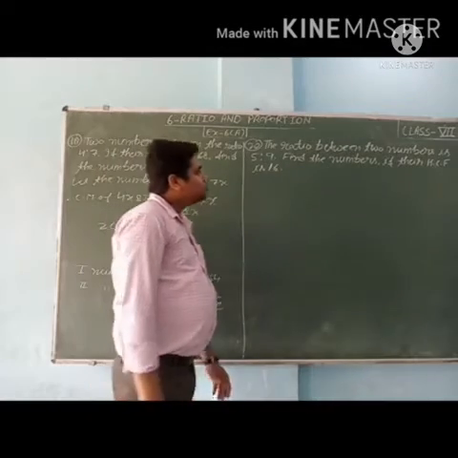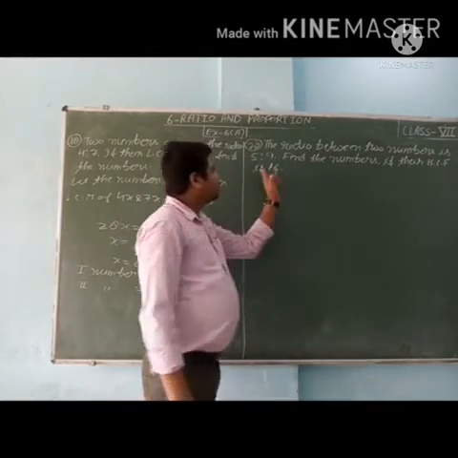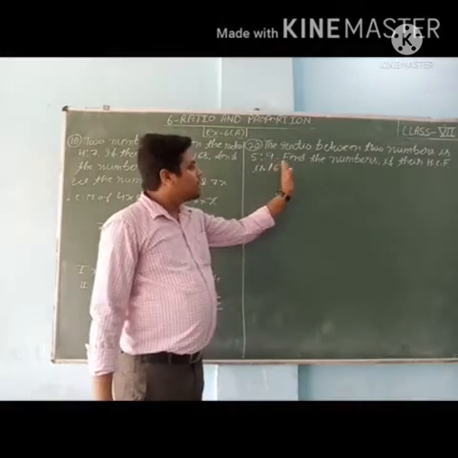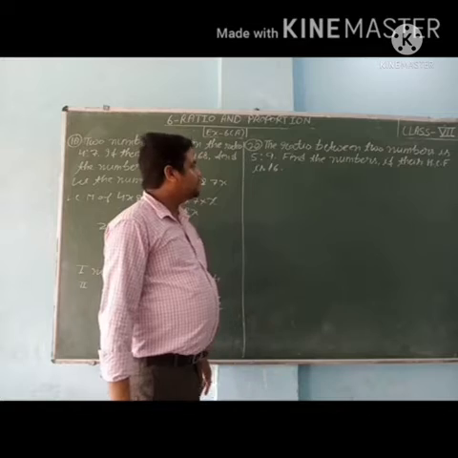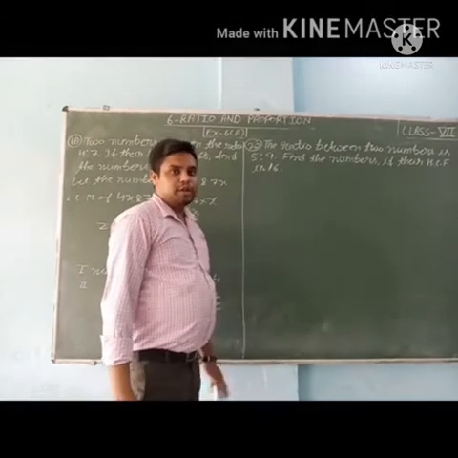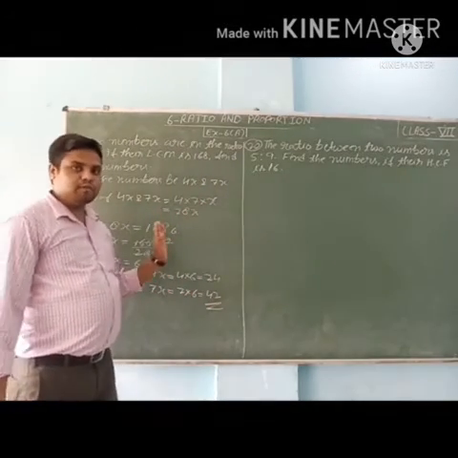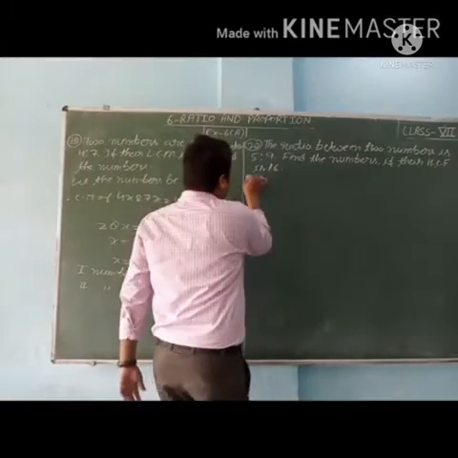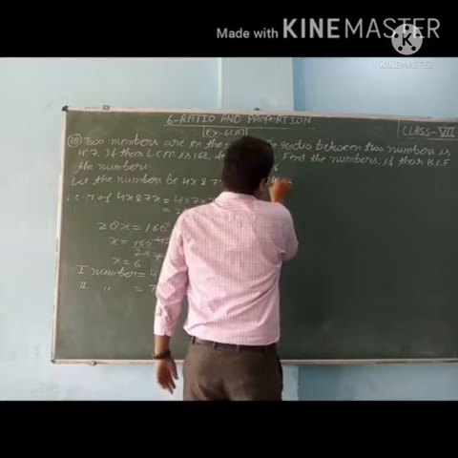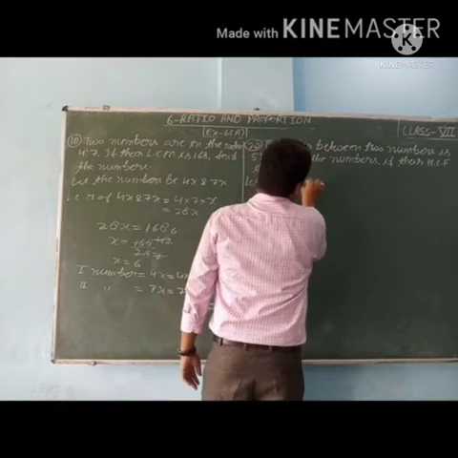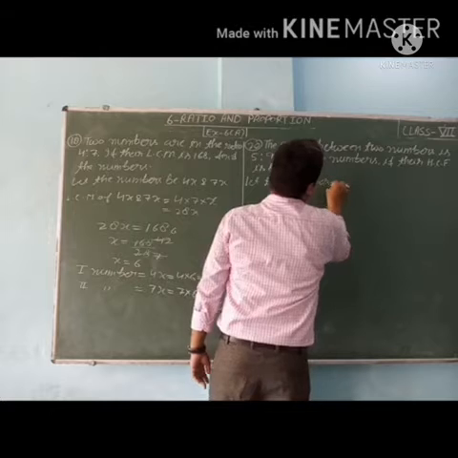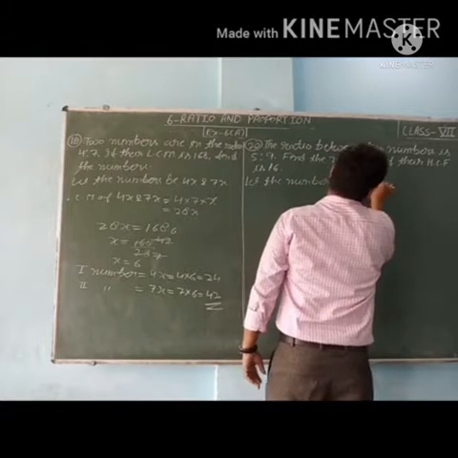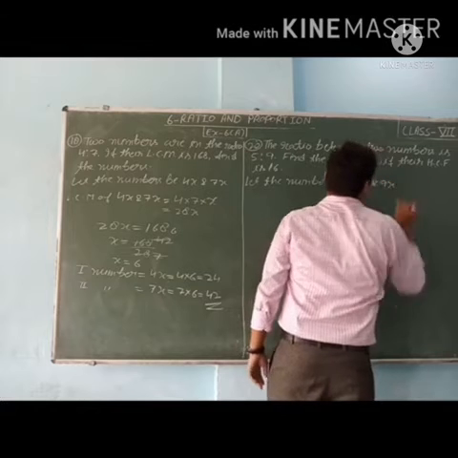So the ratio between two numbers is 5:9. Ratio between two numbers is given 5:9. Find the numbers if their HCF is 60. In the previous sum LCM was given, but in this sum HCF is given. So let the numbers be 5x and 9x.